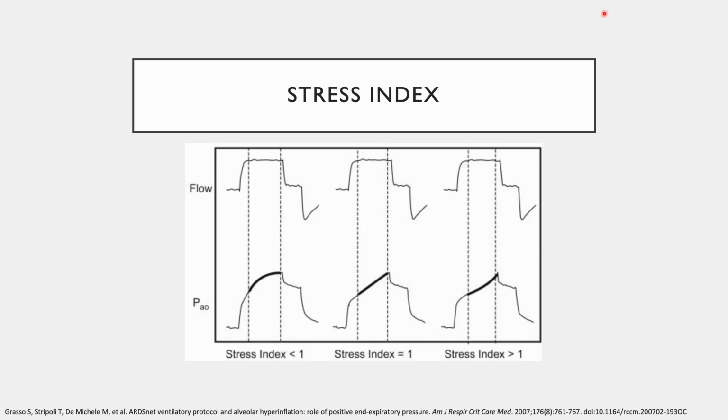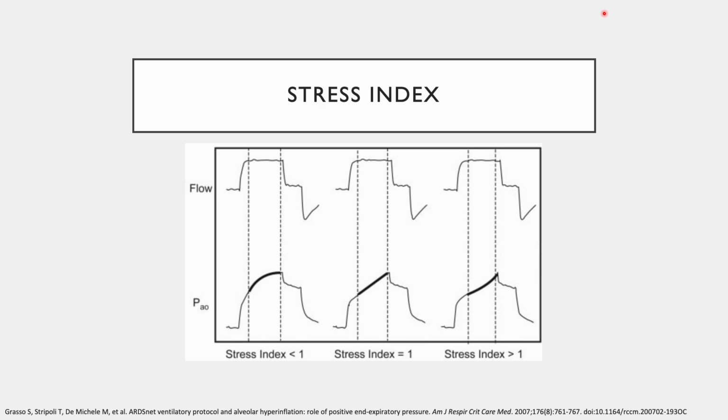With a constant inspiratory flow, i.e. using a square waveform in volume control, the shape of the airway pressure-time relationship reflects changes in compliance during inspiration. The stress index is a coefficient that describes the rate of change in the slope of the pressure-time curve during tidal inspiration.